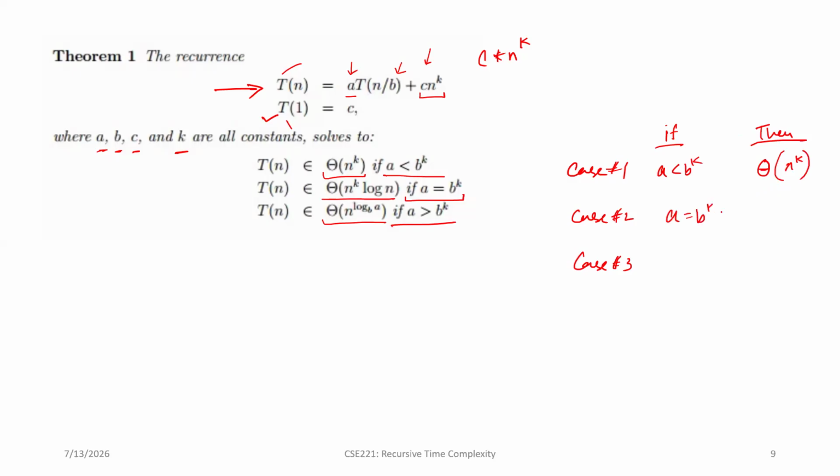If A equals B to the K, then time complexity is theta of n to the K log n. If A is greater than, so it's just between this variable A and another value B to the K. If one is less than the other, or if both are equal. It's a theorem.